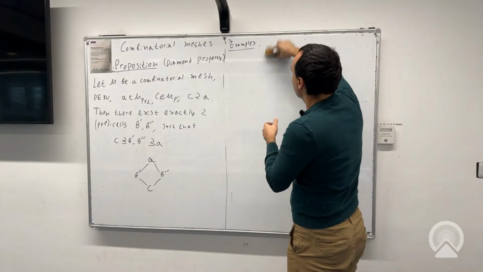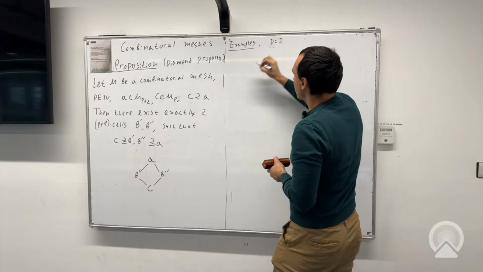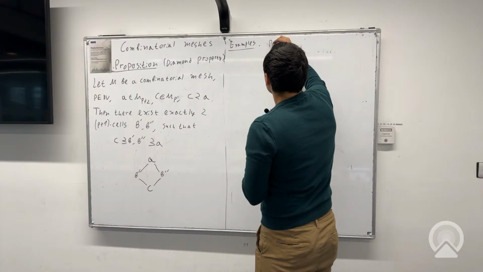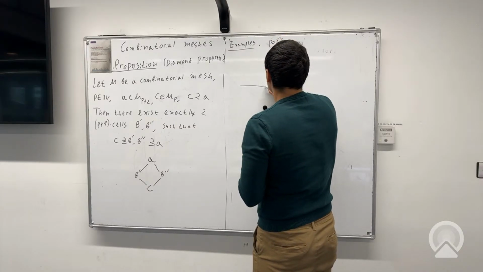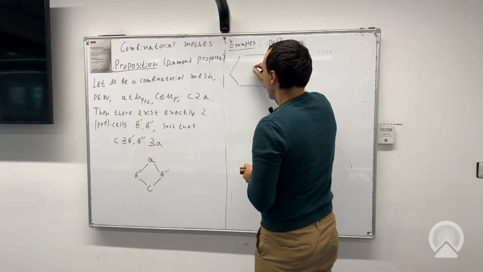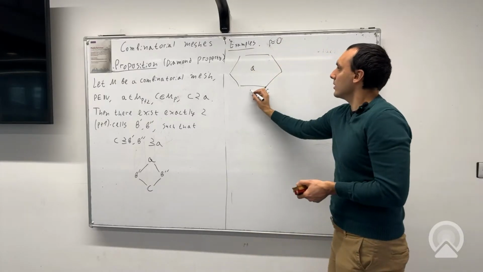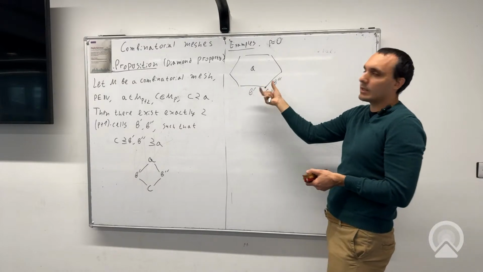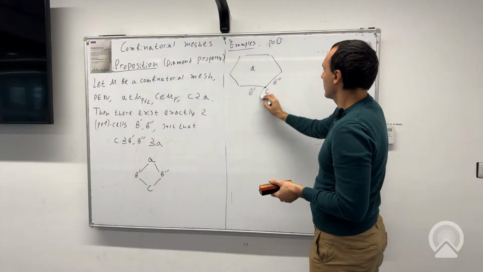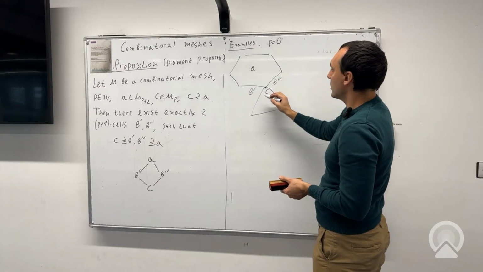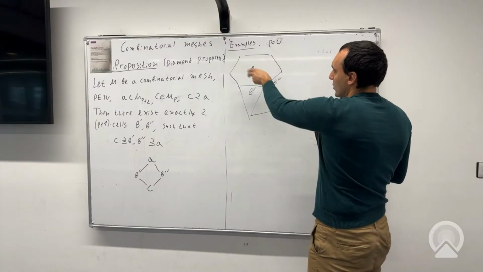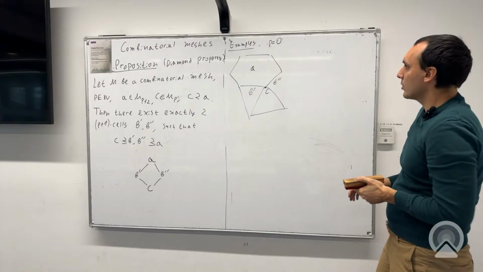So let D equal 2, a polygon, and P equals 0. We take the polygon as A, and this is C. And there are exactly B prime and B second, exactly two edges in between in the polygon. We can have other cells as well, but the point is that we just restrict everything to a polygon.